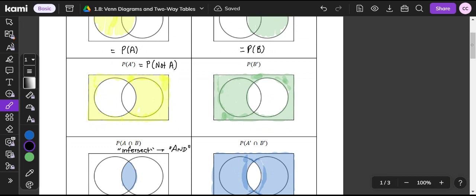But if I look at these, for example, the probability of not A, well, assuming you know what the probability of A is, then everything else is just going to be 100% or 1 minus the probability of A. And then very similarly, for not B, we're going to take 1 minus the probability of B.